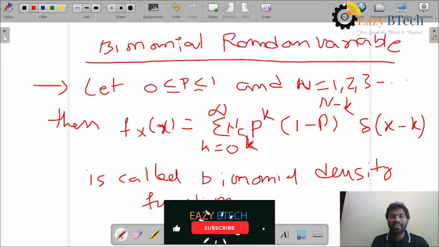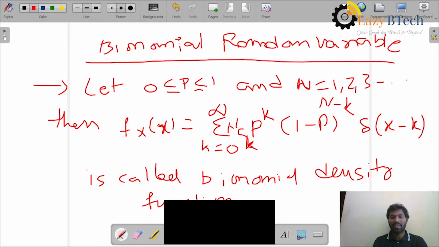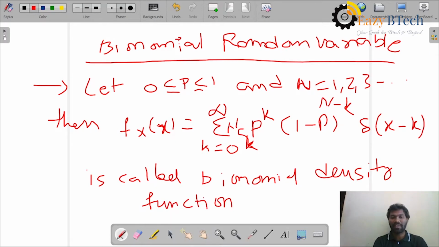So let 0 less than p less than or equal to 1 and n equal to 1, 2, 3 and so on. The function fx of x is equal to the summation k equal to 0 to infinity of nCk p power k, 1 minus p whole power n minus k, delta of x minus k, which is called the binomial density function.